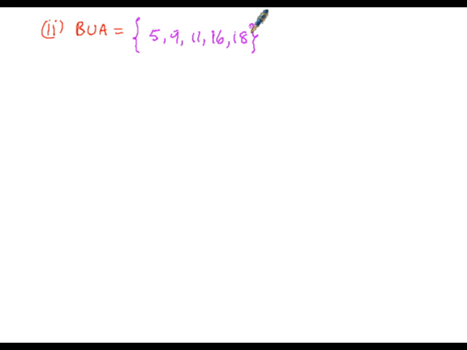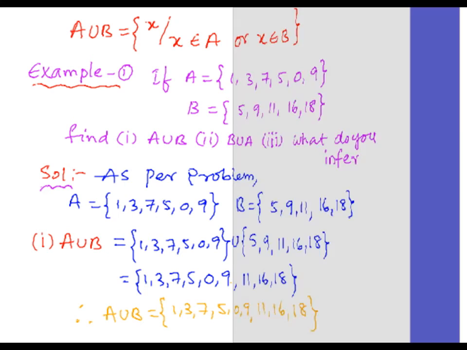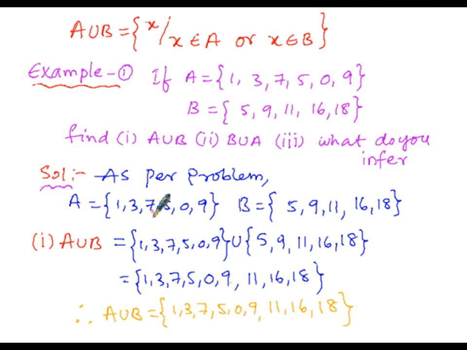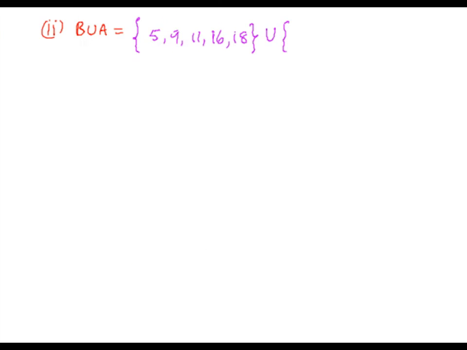Bracket close. Then now the union of set A. Set A elements are 1, 3, 7, 5, 0, 9.